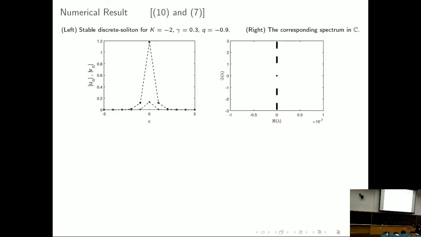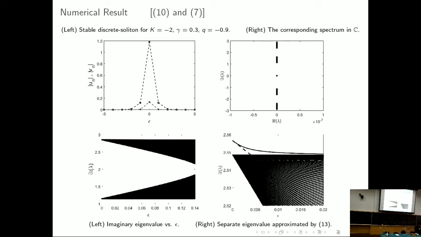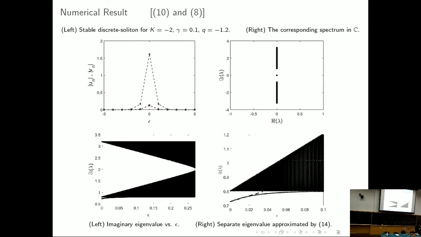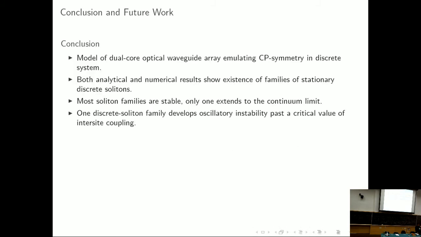Okay, the other one is pretty stable, so it's quite a similar picture. The difference is maybe the way it grows with respect to epsilon. The imaginary eigenvalue is quite different. This is also another stable case, and that's the plot of the imaginary eigenvalues.